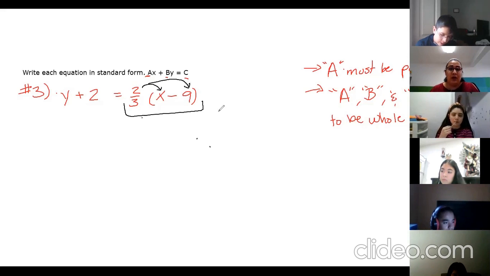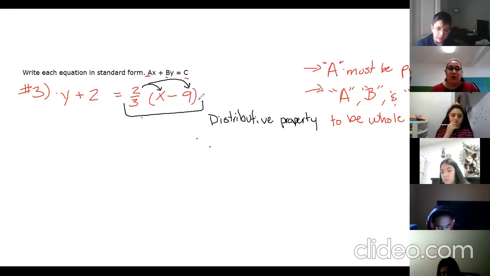The first thing that I have to do is distribute. Guys, this is something that we're going to continue using for quite some time now, so you should already know this. We use the distributive property and distribute the 2/3, multiplying it times x and times -9.